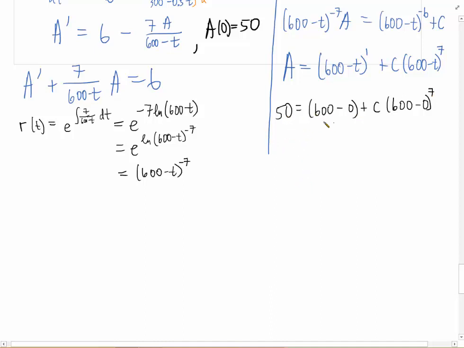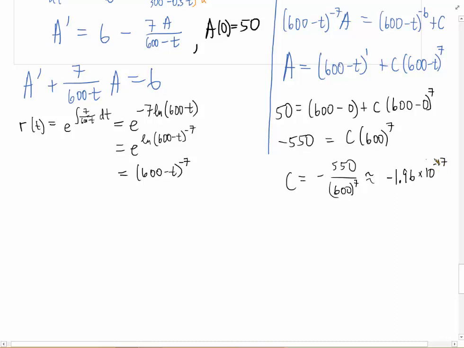600 minus 0 is 600. So subtract the 600, negative 550 is equal to C times 600 to the 7th power. And so C is negative 550 over 600 to the 7th power. And I calculated this earlier. This is approximately negative 1.96 times 10 to the negative 17th power. It's a pretty small number.